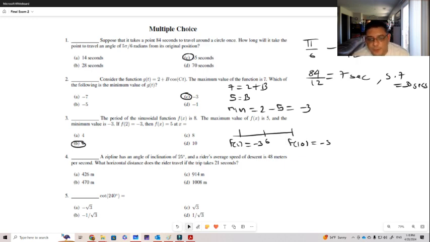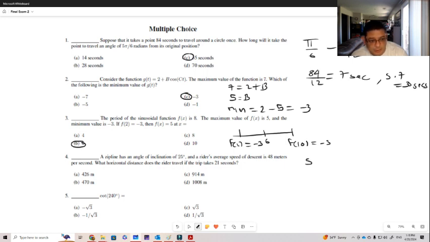Now, 4 says a zip line has an inclination of 25 degrees and a rider's average speed is 48 meters per second. We want to know the horizontal distance the rider travels if the trip takes 21 seconds. To calculate that, we have the speed and the time.